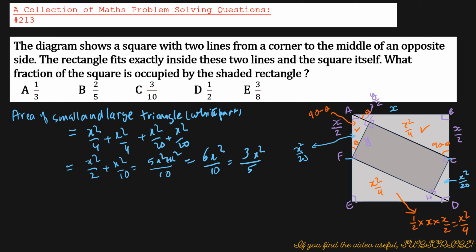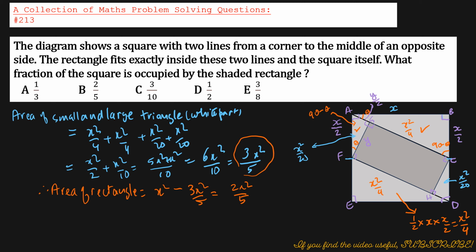So the area of the rectangle, now we say therefore area of rectangle would be area of the entire square, which is x square, minus this part, 3x square out of 5, that is 5 minus 3, so it is 2x square out of 5. So you can guess which answer it will be by now.